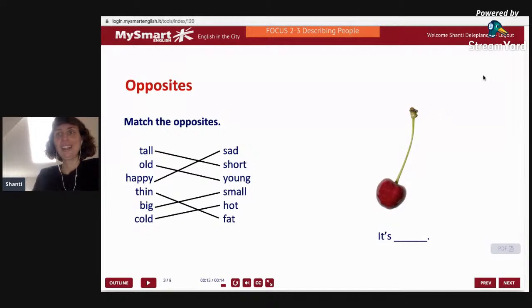Now we have an object, a thing, not a person. Be careful when it's an object or food. We cannot say she or he. We have to use it. It is for objects or for animals. So animals, it's a bit more complicated.